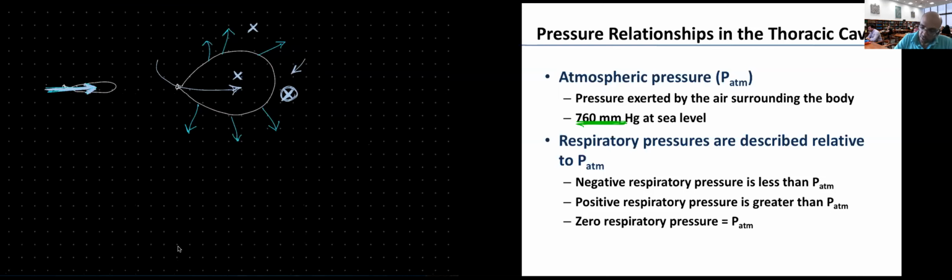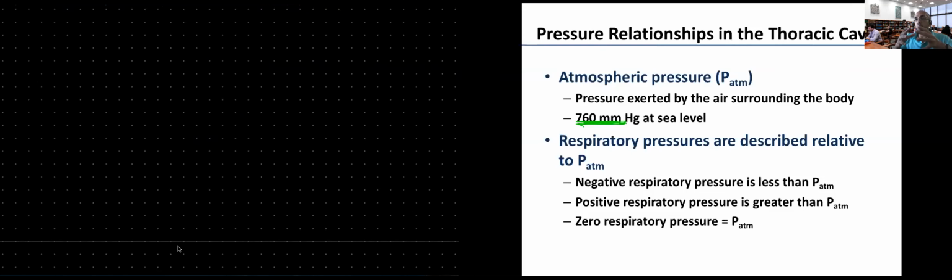So simply speaking, if I have a balloon, in order for me to know how big this balloon would get, I need to calculate the difference between the pressure inside this balloon and the pressure outside this balloon. And I will check the difference between the two.